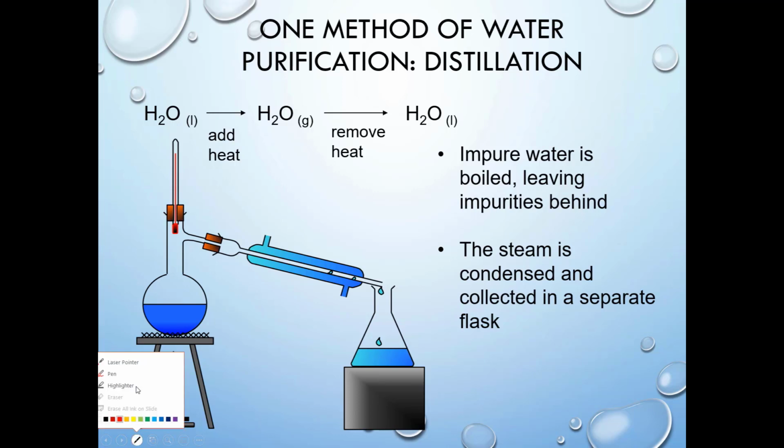Let me get my laser pointer. So then you add heat and you cause that water to boil. So ideally what's happening is that only the water molecules are boiling, and whatever the contaminant is, it has such a high boiling point that it actually gets left behind because this flame is not hot enough to actually cause that thing to boil, but it is high enough to cause the water to boil.